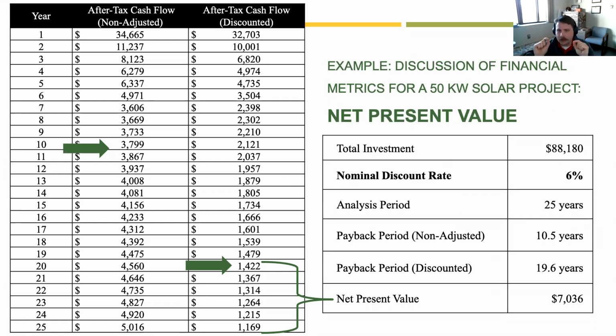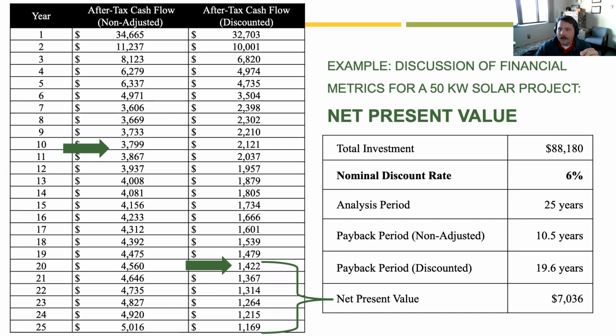But I'm going to give an interpretation of the discount rate here on this slide that might help you think about it. The rate of return is equal to the discount rate when the net present value is equal to 0.